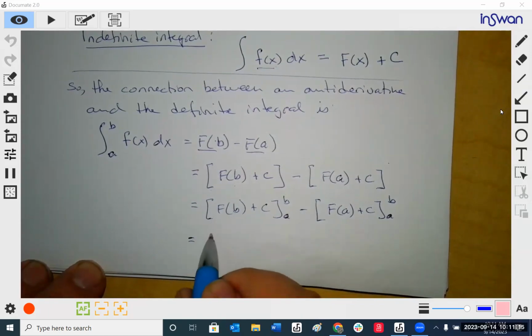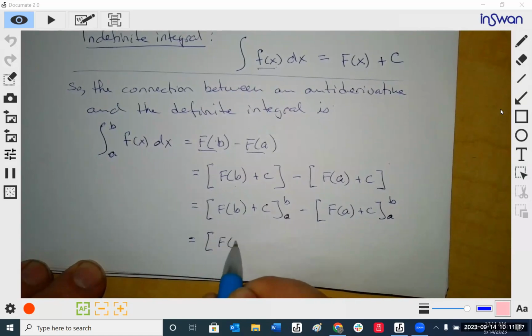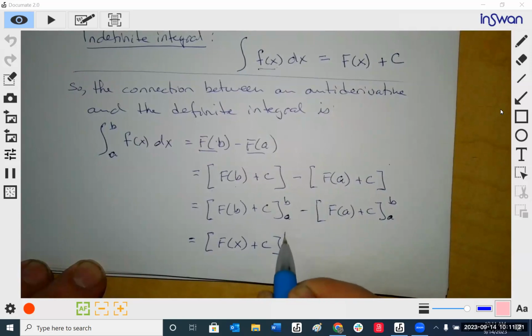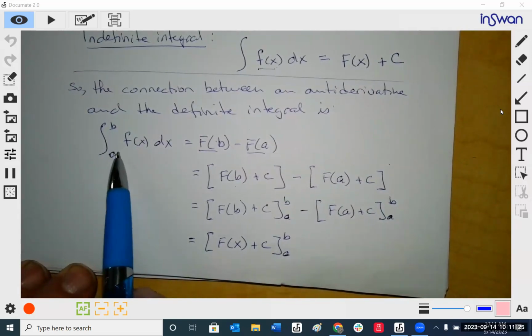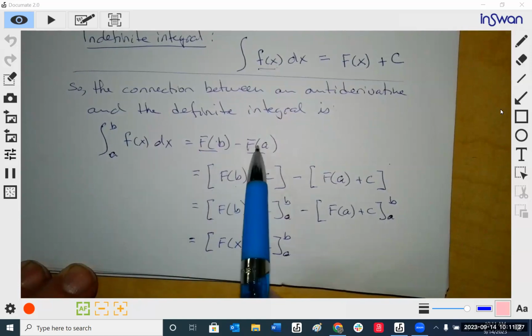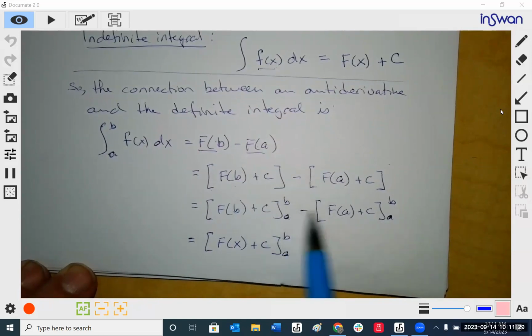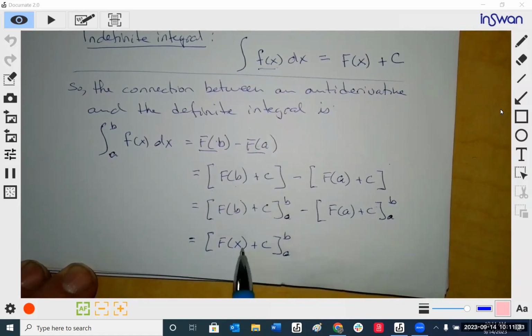So what that means is the antiderivative of the definite integral is this at the given bounds. The plus c now expands it, so we have F of b minus F of a.